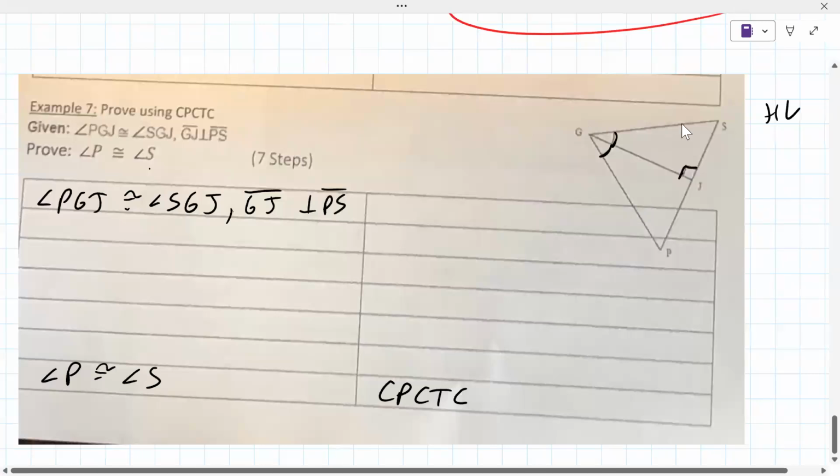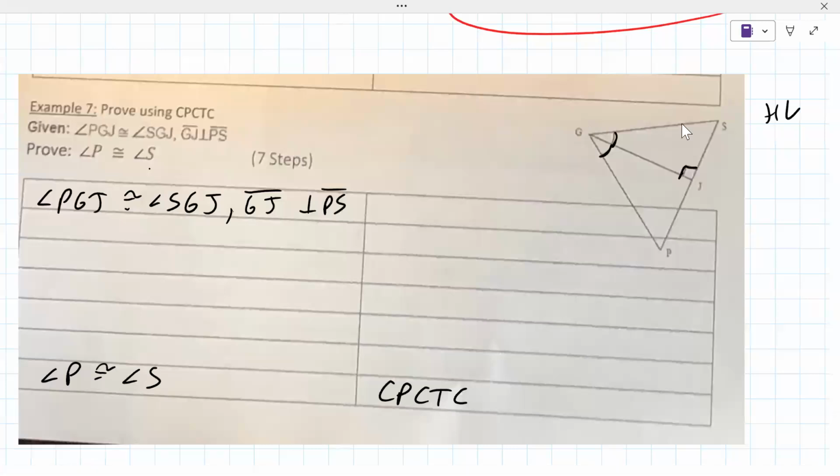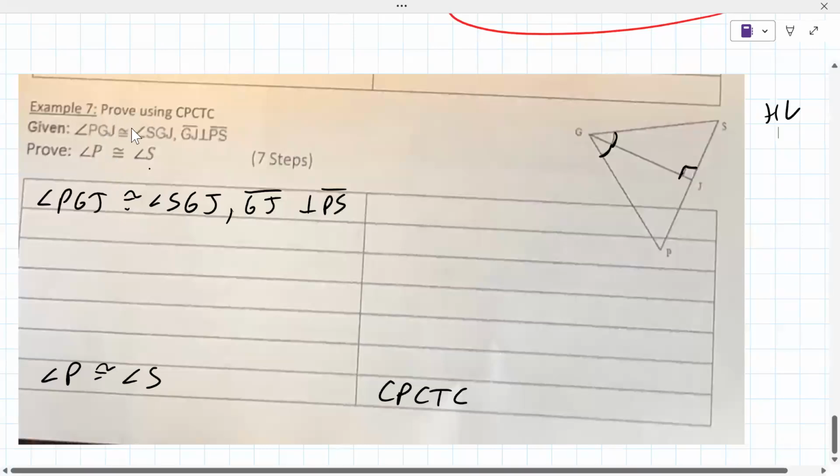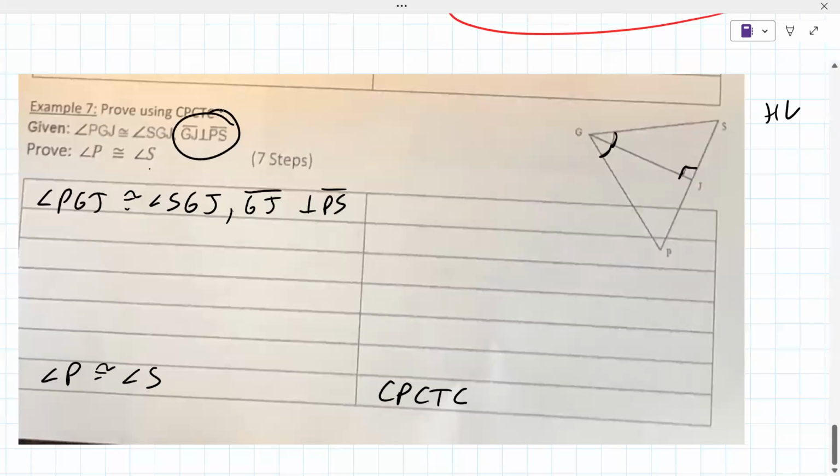Are they isosceles? We don't know that. You cannot assume, it's dangerous. So what can we do? Well, we can use the given. When you've got a given angle or a side congruent, you don't do anything with that. But the perpendicular, we're going to do something with. What do you remember about the perpendicular?